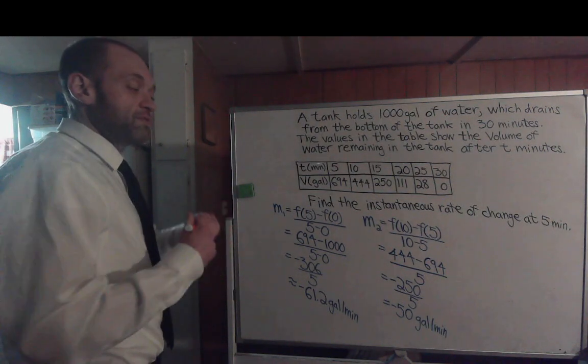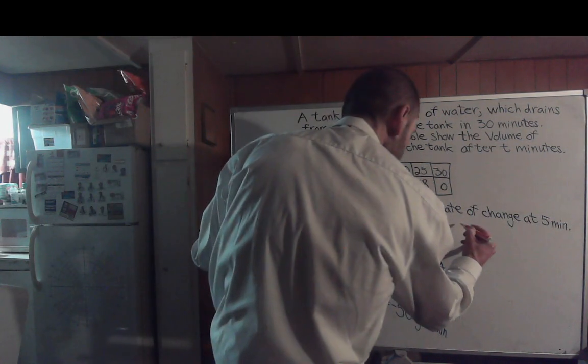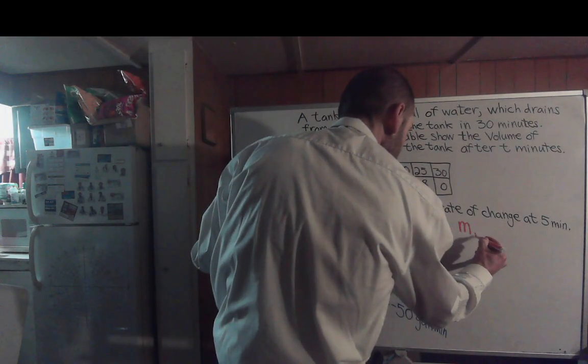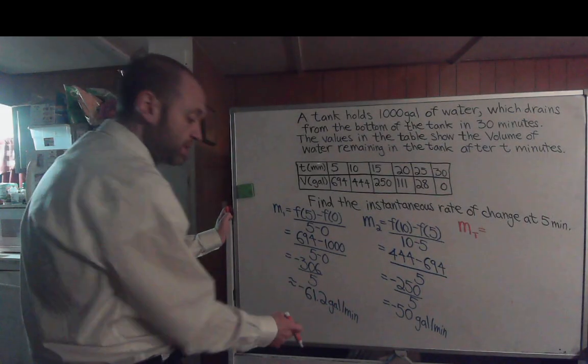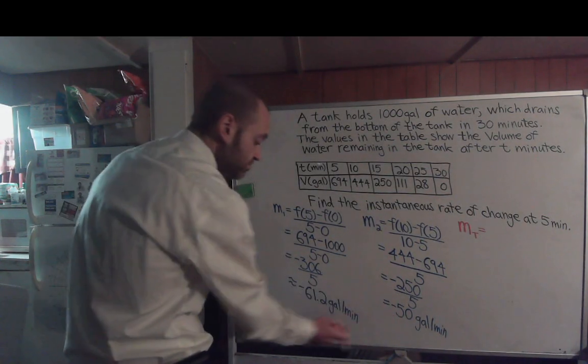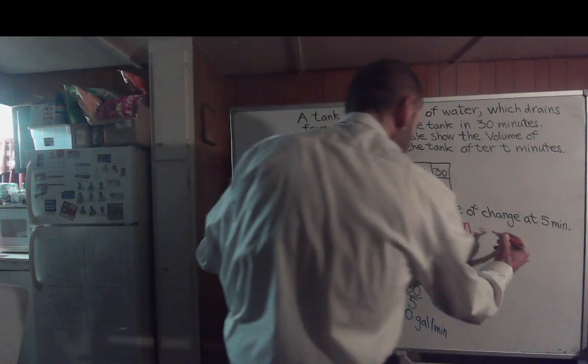Now, if we want to find the instantaneous rate of change, that's going to be the slope of the tangent line, m sub t. All we need to do now is add these 2 slopes of the secant lines together.